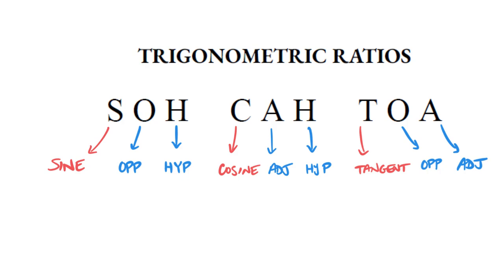That's what the SO part reminds us of. You follow through the next 3. There's our CA. Cosine is adjacent and hypotenuse. Tangent is opposite and adjacent. So each one of those groups of letters remind us how to calculate each ratio.